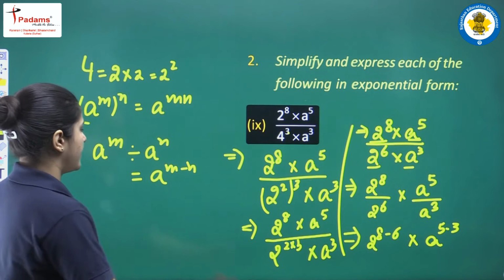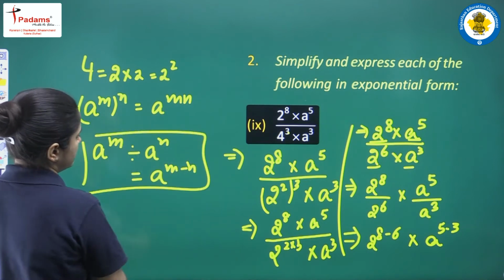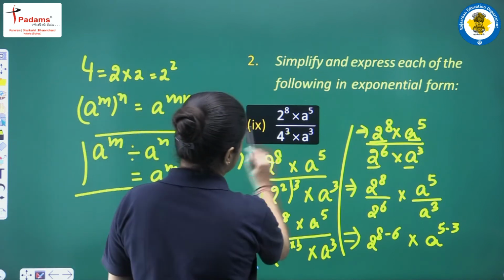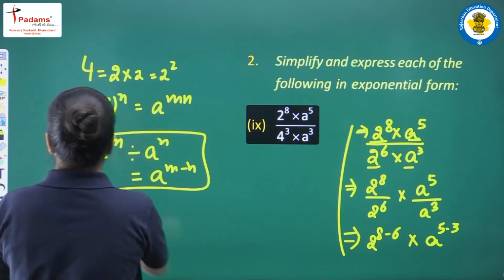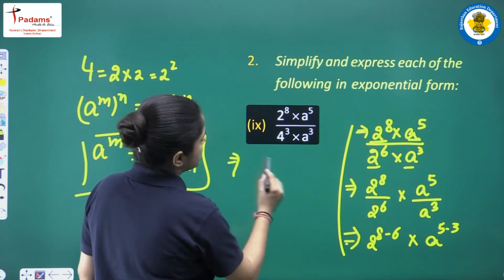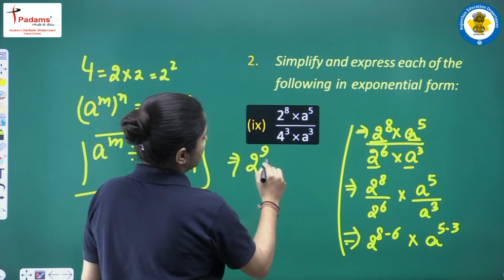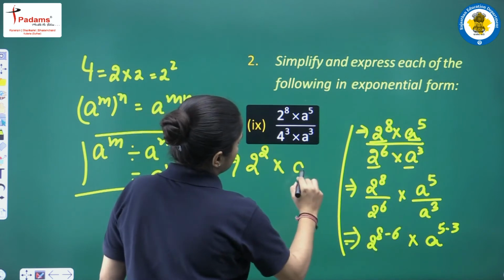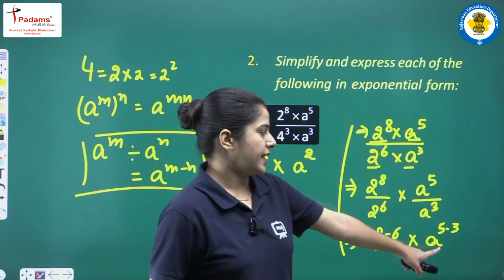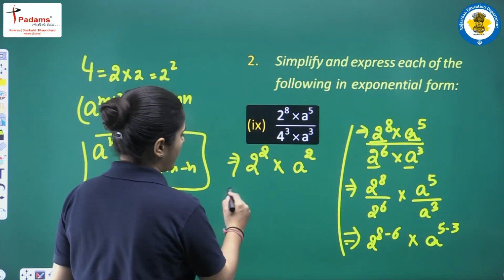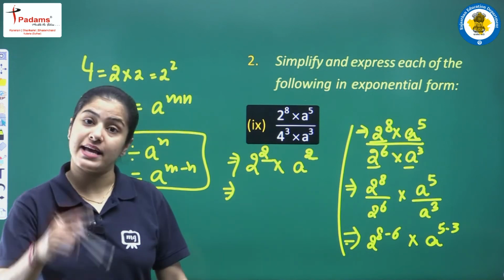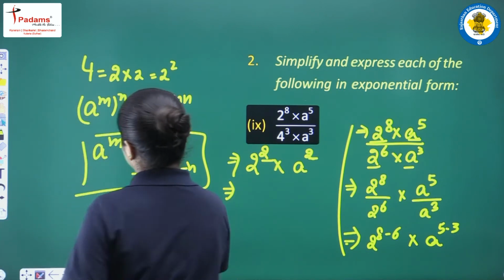Alright students, now this is the law. Have a look at this thing students. Now how can we do this? Look, 2 raised to power 8 minus 6 is 2 raised to power 2 into a raised to power 2. Right students, 2 raised to power 2, a raised to power 2. Also have a look now, when the exponents are same, the bases are not the same but the exponents are same, then we use the formula.